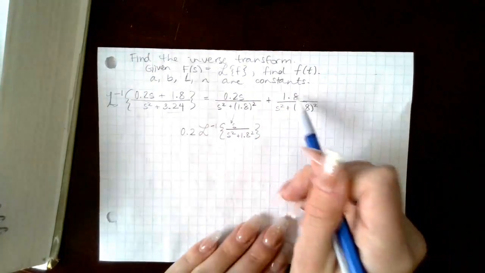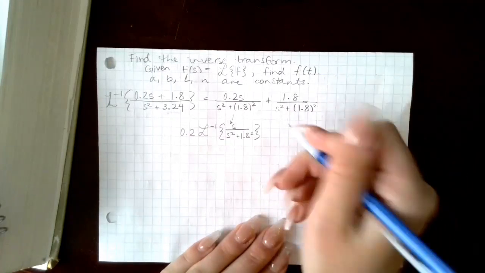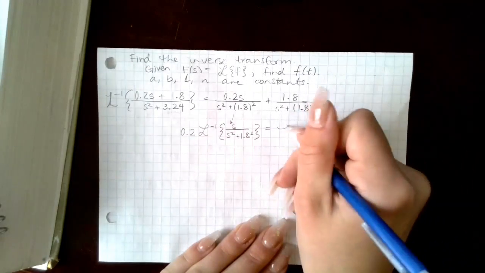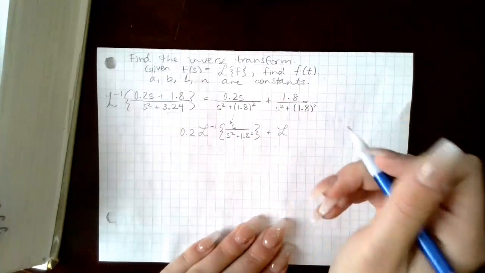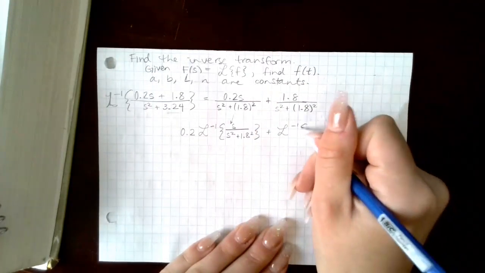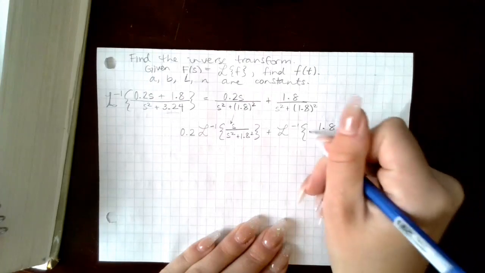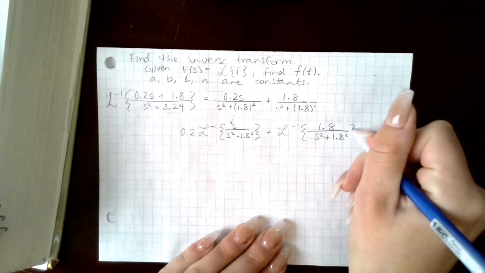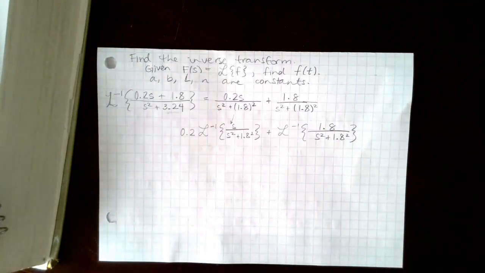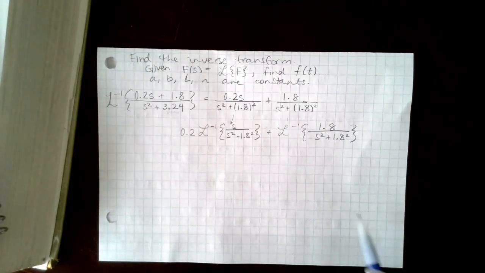And since these two match, I don't need to factor out this numerator. I can just leave that exactly as it is. So plus the inverse Laplace transform of 1.8 over s squared plus 1.8 squared.